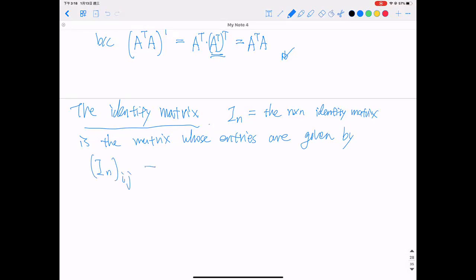The ij entry is either 0 if i is not equal to j, or 1 if i equals j. All right.